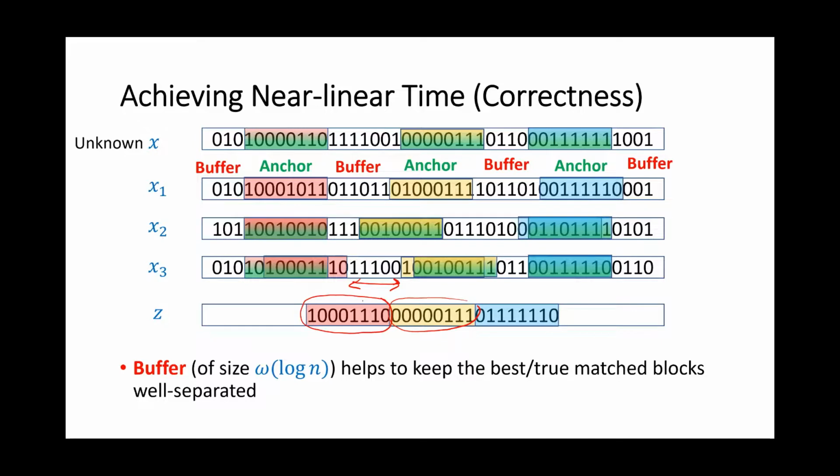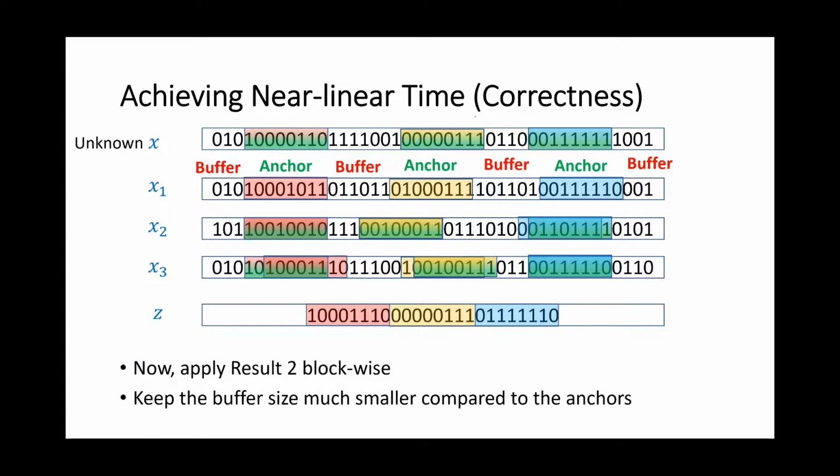And that's why we can compare independently with each of these blocks. And also another fact is that we keep the buffer size smaller compared to the anchor size. And that's why, as you can see, finally we ignored these buffers.